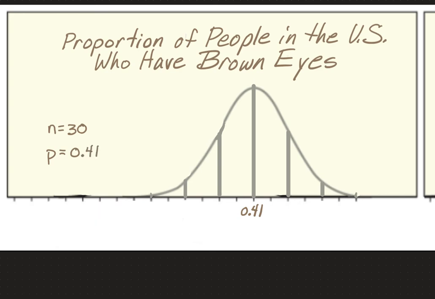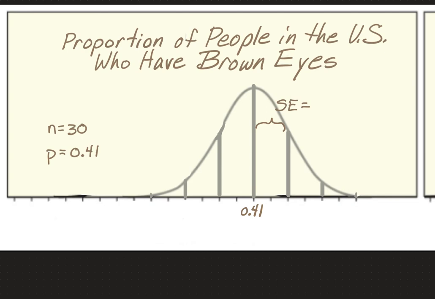And if we take samples again and again and again, the mean of those sample proportions will be 0.41. And then instead of standard deviation, we will refer to the distance illustrated here as the standard error.